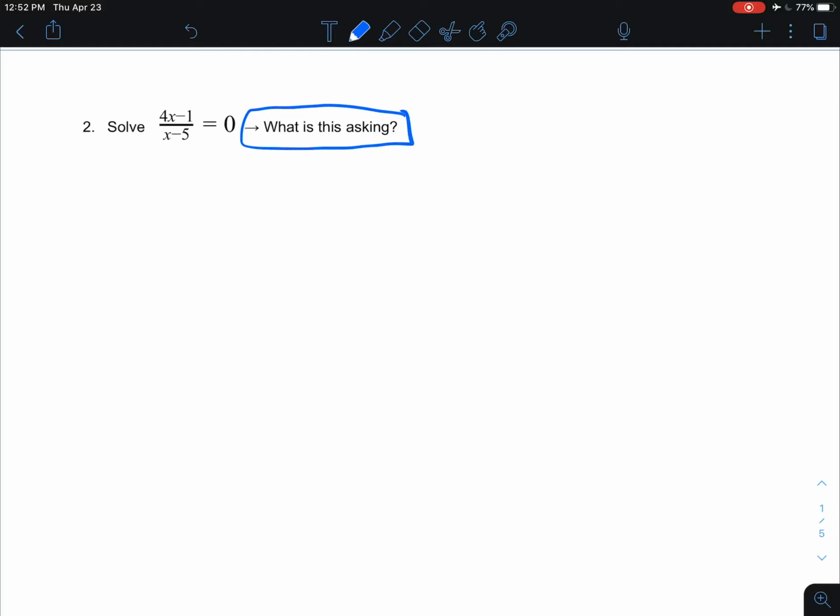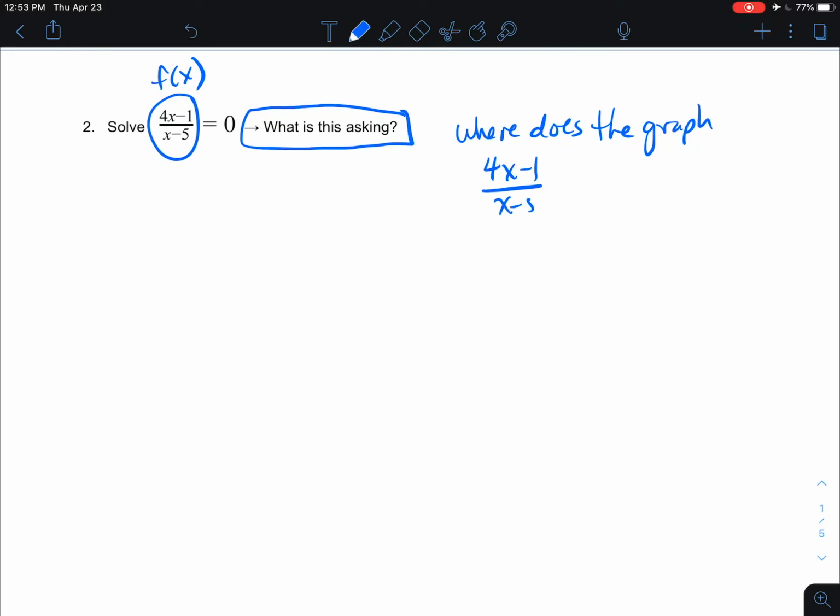Well, if we consider that the left side of our equation is a function, then we're asking where does the graph of that function cross the x-axis? Okay, that's what that question is asking us.